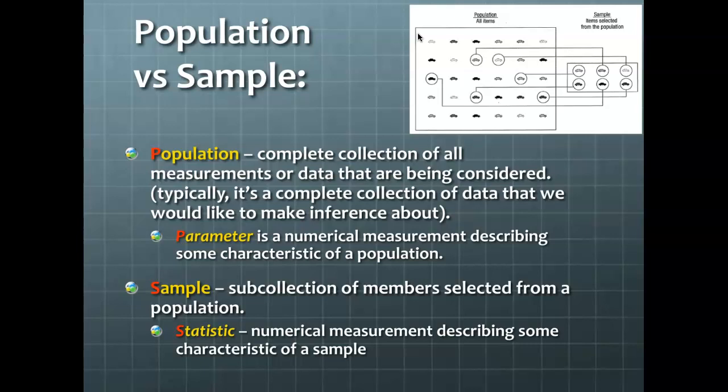We can only observe the value of a few Honda cars. So this will be our sample. So notice: population, P, parameter, P, population parameter; sample, S, sample statistic.